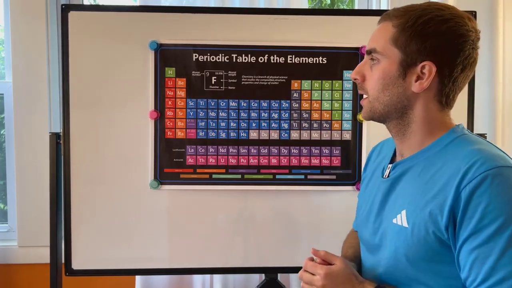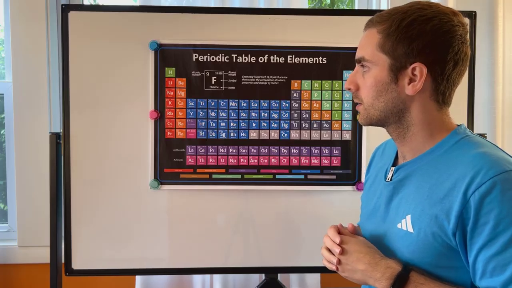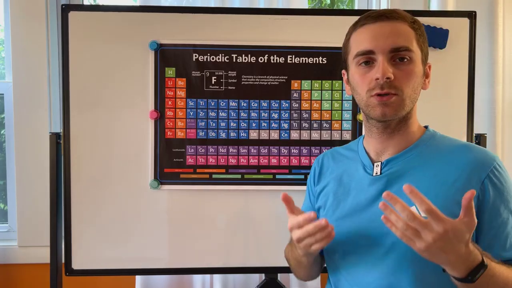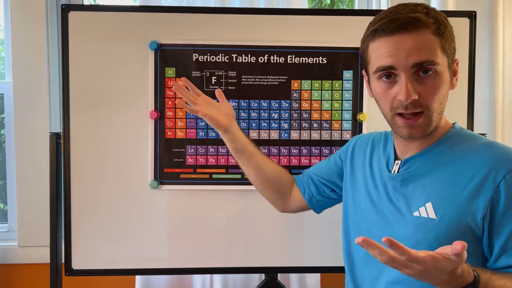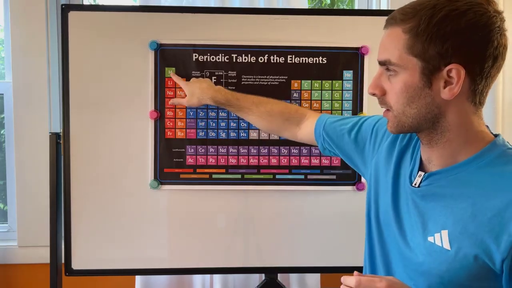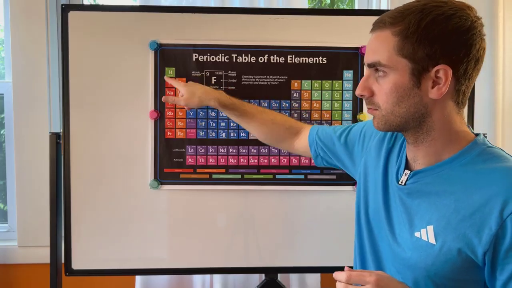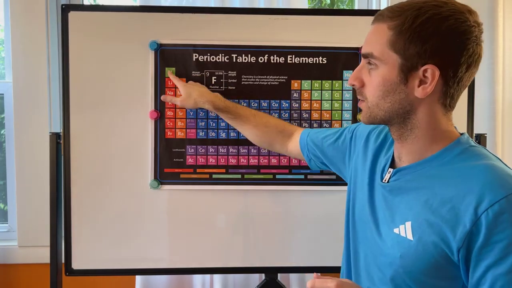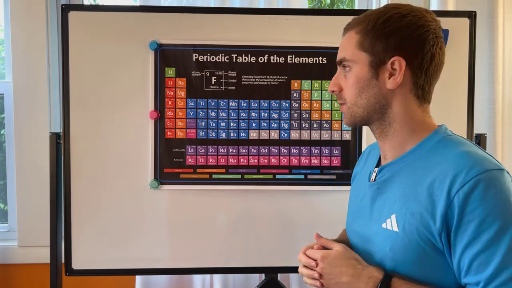Okay? And the atomic number tells you how many protons are in an atom of that element. So again, hydrogen has an atomic number of 1. That means that any hydrogen atom has 1 proton, because the atomic number is the number of protons.